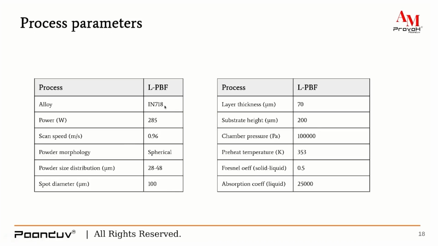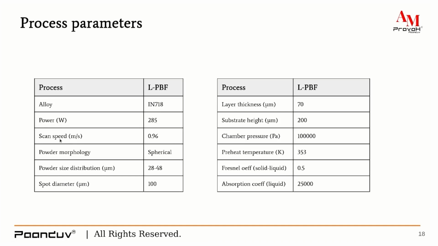We were trying to simulate the Inconel 718 metal powder, which is used for aerospace applications, and this is the laser power that we will take here, and the scan speed. Now, if you increase the laser power, the heat source will increase.